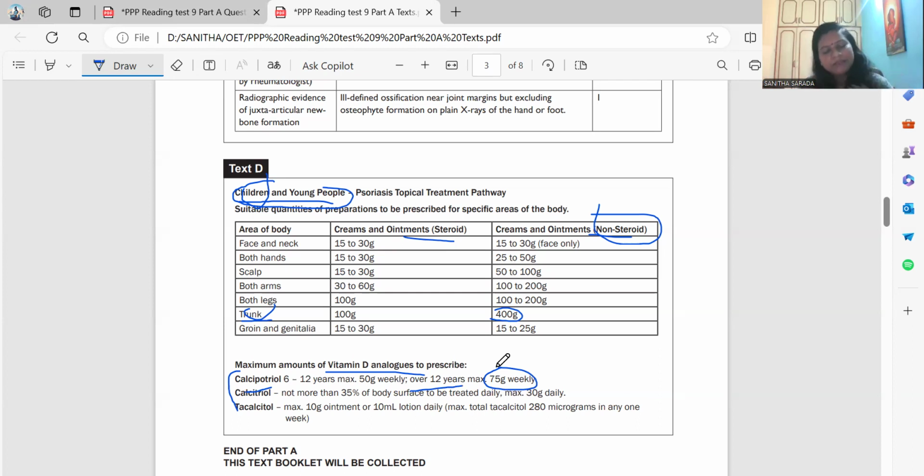That is 100% sure, because of my experience. If we are not getting the keyword in the passage, your answer is not there. Don't waste your time searching here and there. Try to find your keywords, and definitely your answer is there.